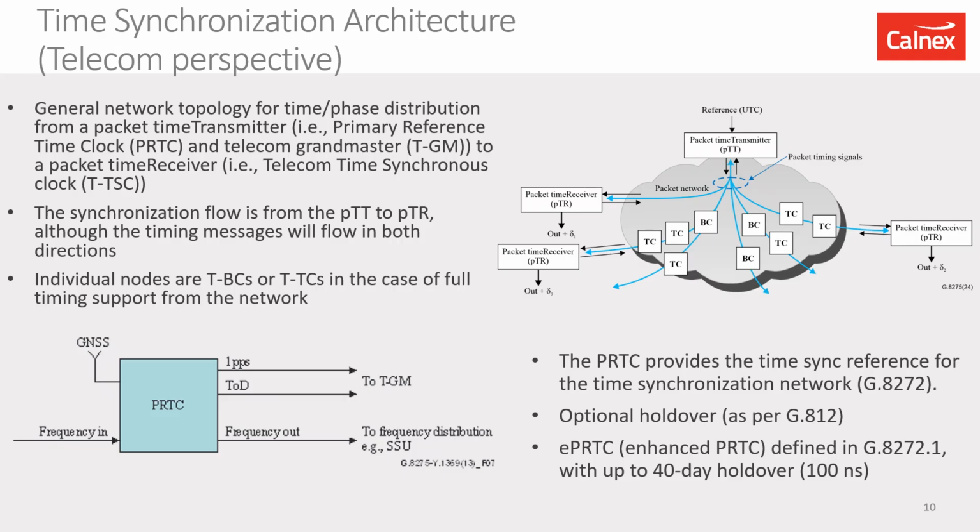From this primary reference, the timing is then distributed across the network, where there can be clocks as defined by IEEE 1588, boundary clocks and transparent clocks, with performance objectives defined by clock specification such as G.8273.2. And then this reference is forwarded down at the end of the network to the end user, that can be, for instance, a radio base station.